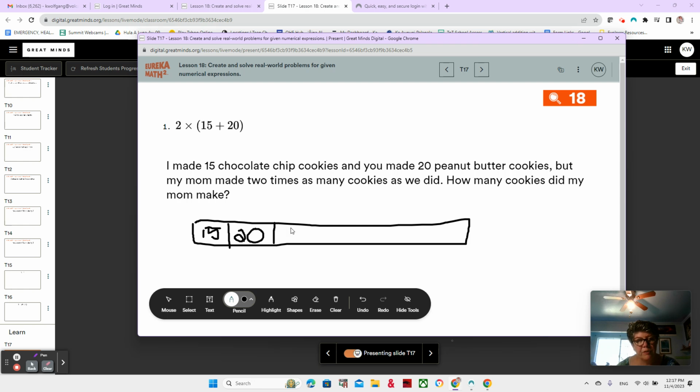And how many of those do we have? We have 2 of those. 15, 20, 15, 20. There we go. And I made my tape diagram a little too large. Can I erase that part? Not really. This doesn't erase very well. Okay, but you can see that we have 35 and 35, which would be 70 cookies all together.